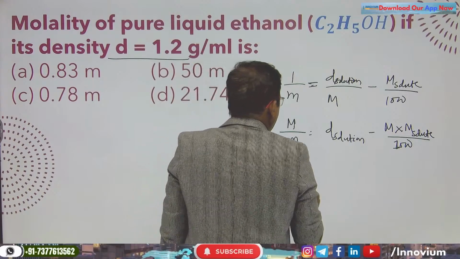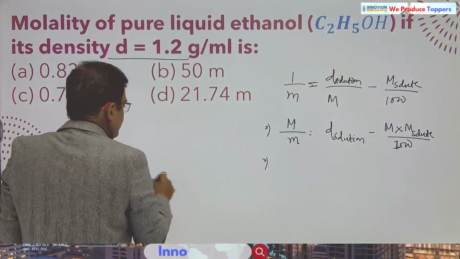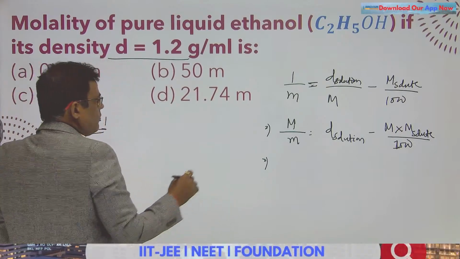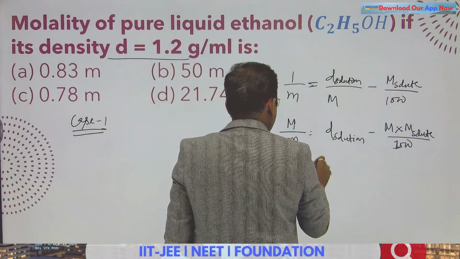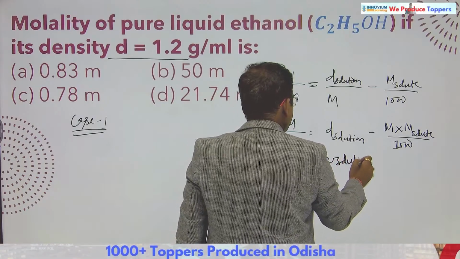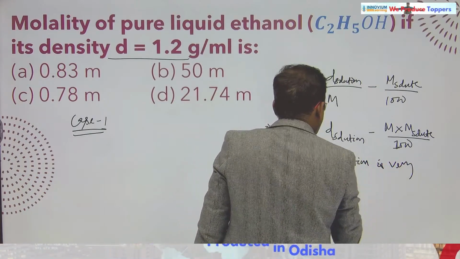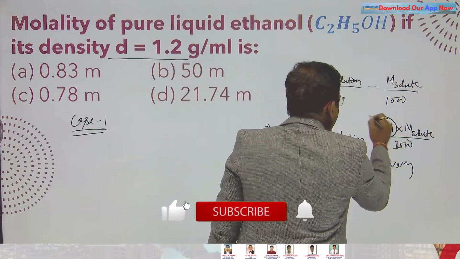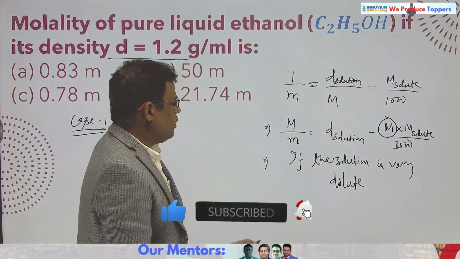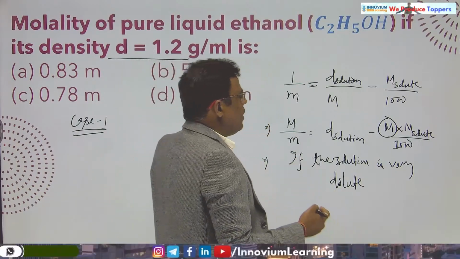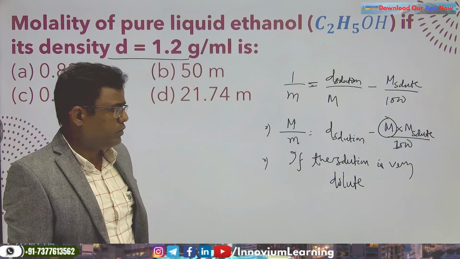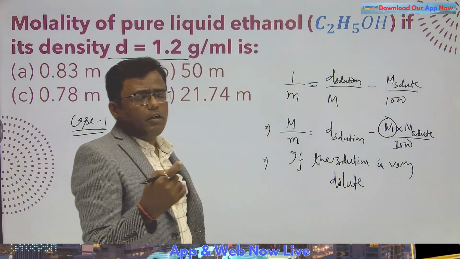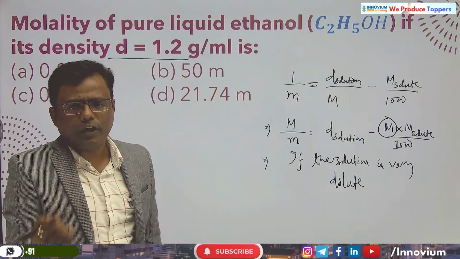Now here we will discuss three cases. Case 1: if the solution is very dilute, you can take the molarity as 10 power minus 2, or 0.002 molar, or 10 power minus 4 molar, or 10 power minus 5 molar solution.